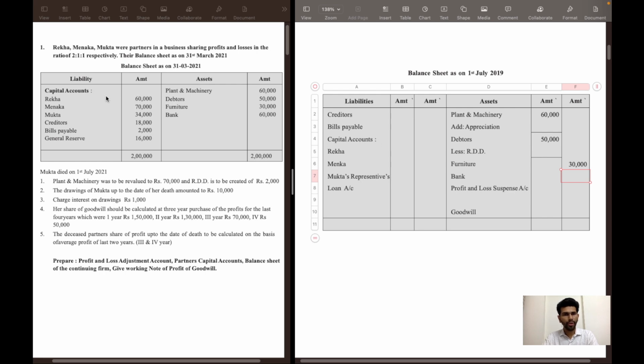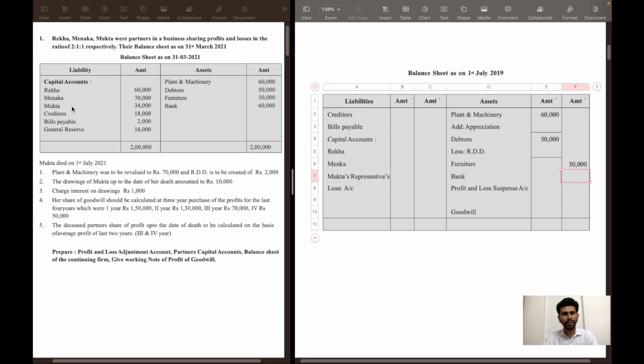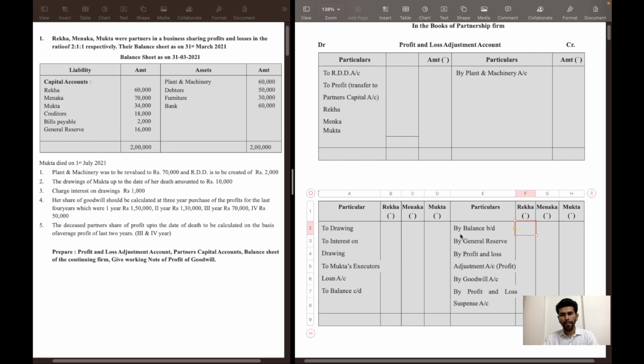Next, on the liability side, capital account of each partner are given. So by balance brought down, this is the opening balance. Rekha 60,000 rupees, Menka 70,000 rupees, and Mukta 34,000 rupees.